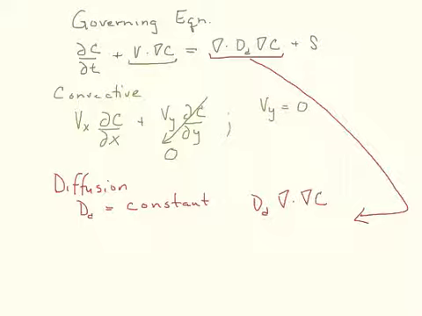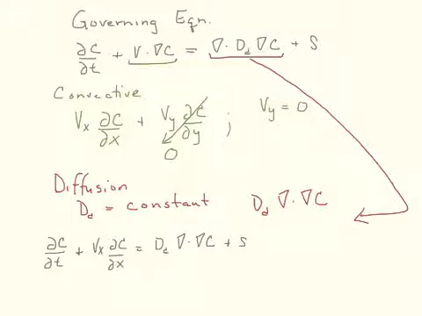Now, if we rewrite our governing equation, what we have is dc/dt plus Vx dc/dx is equal to D sub d del dot del c plus f, where f is our source or sink.